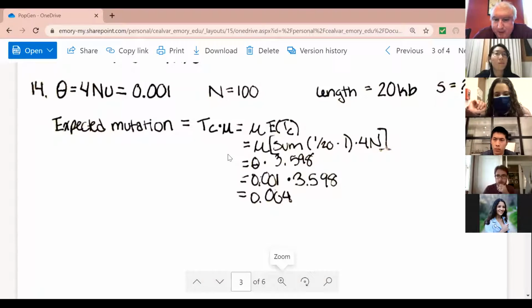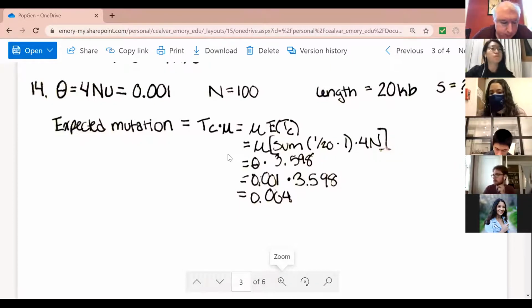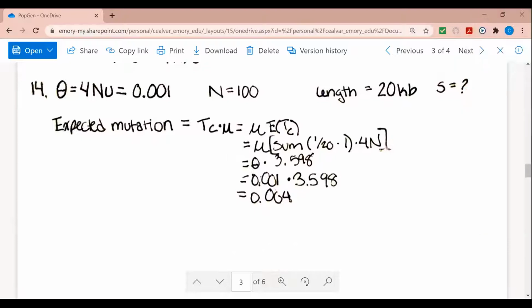This little bit in here looks like the sum of 1 over I from I equals 1 to, how many alleles were there here? I used 20. Let me peek at my solution.